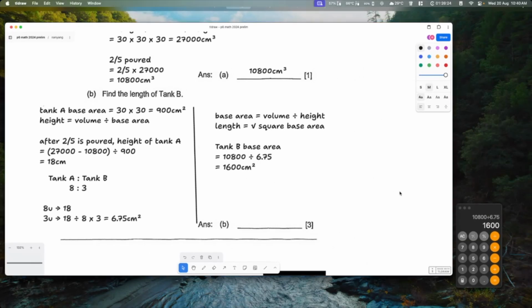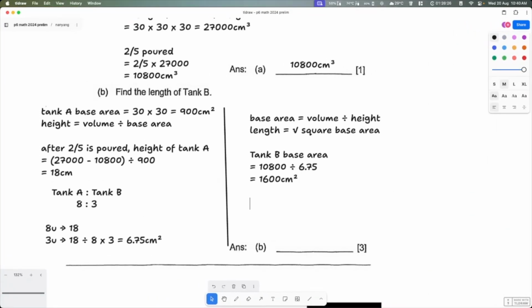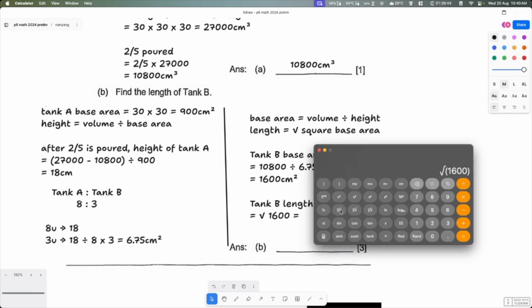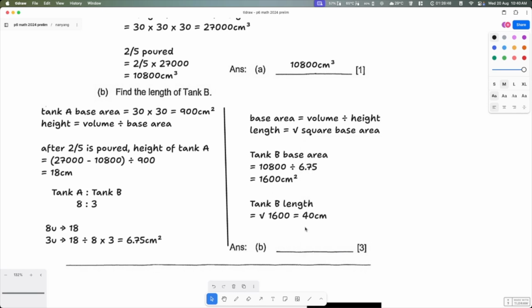Then tank B length will become the square root of 1600, which is 40. Using the scientific calculator to do the square root, this becomes 40 centimeter. So the answer to this is 40 centimeter. There you go, that's the answer.